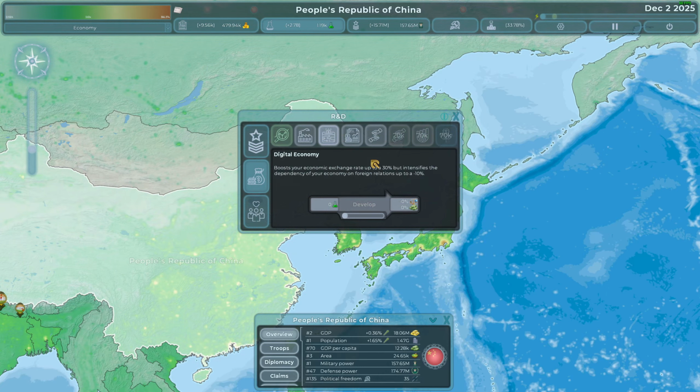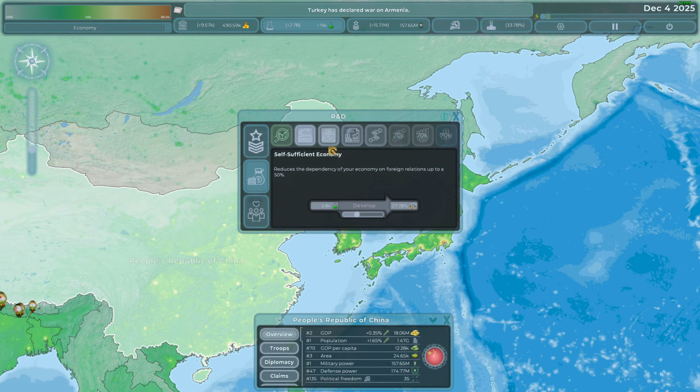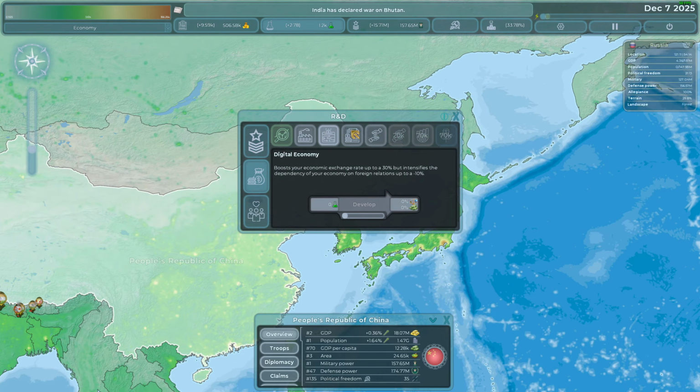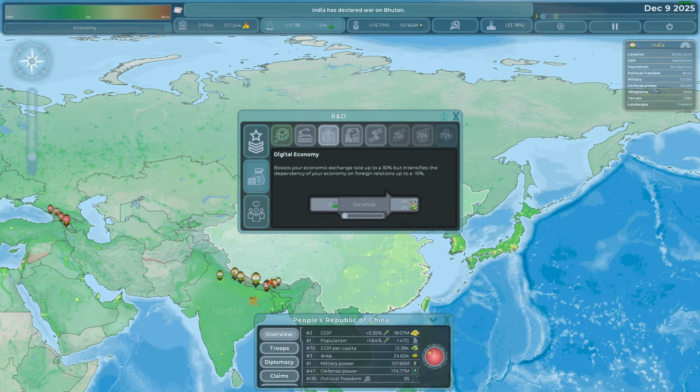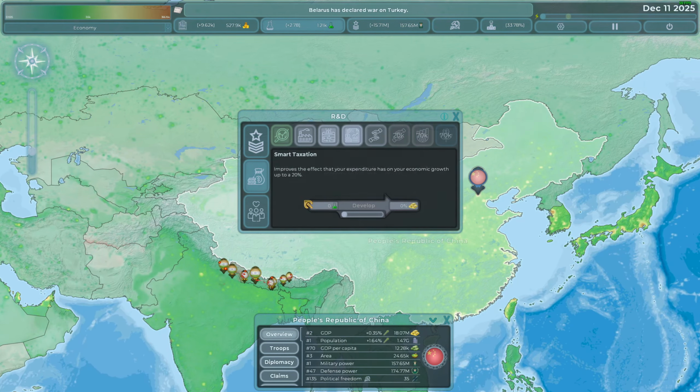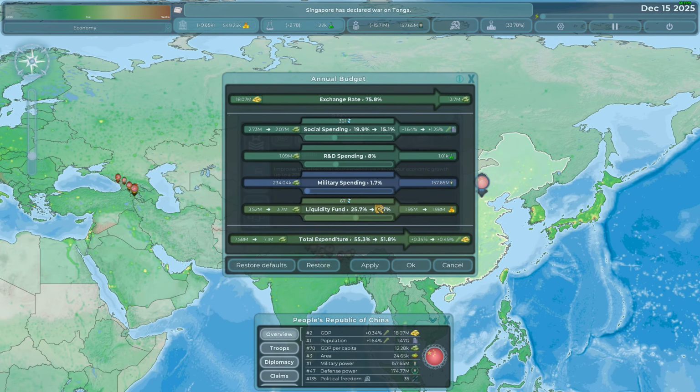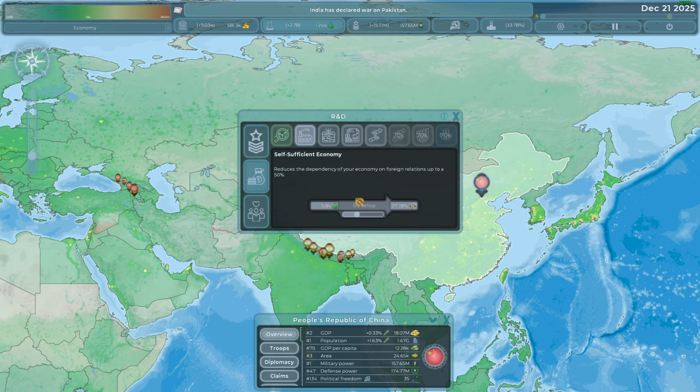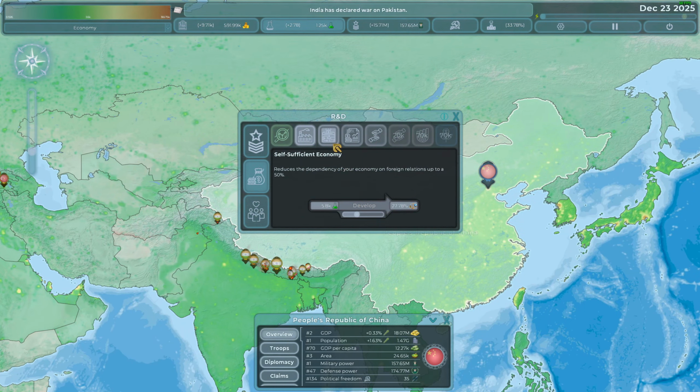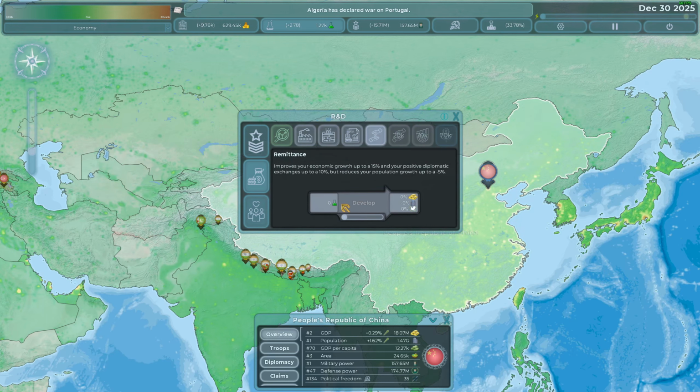Digital economy boosts your exchange rate, but it increases your dependency on having good relations with everyone else. Smart taxation improves the effect that everything that's not total expenditure has on your economy by up to 20%. The thing about self-sufficient economy is it helps counter the digital economy debuff towards self-sufficiency.